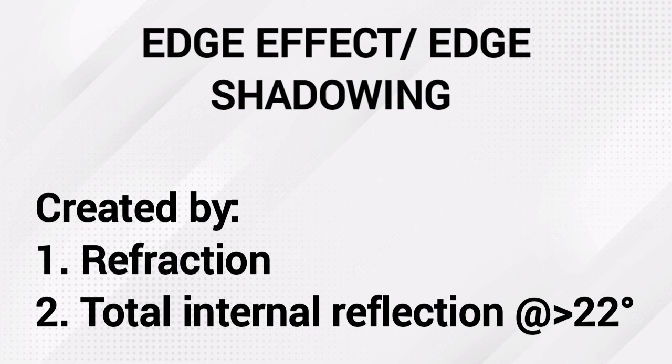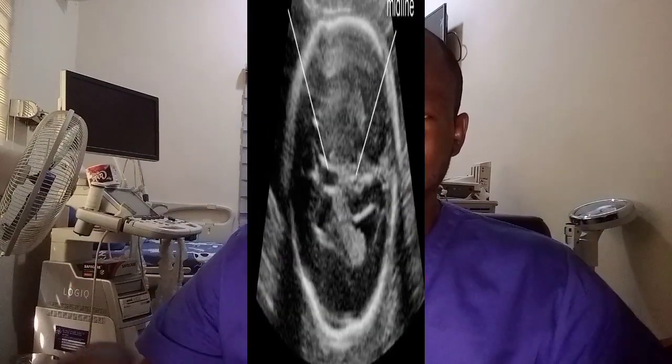Total internal reflection will occur and produce edge shadowing at the edges of the curved structure, that's the fetal head. So you see that it's really not because of the bone, the skull. It's actually because of the total internal reflection that occurs. So you see that shadow at the edges.